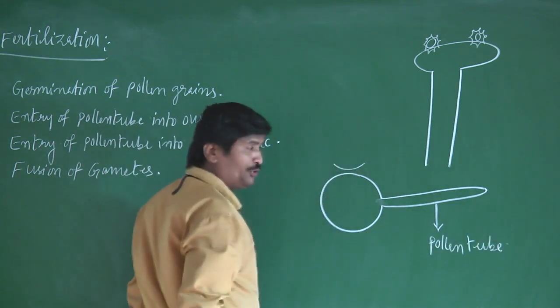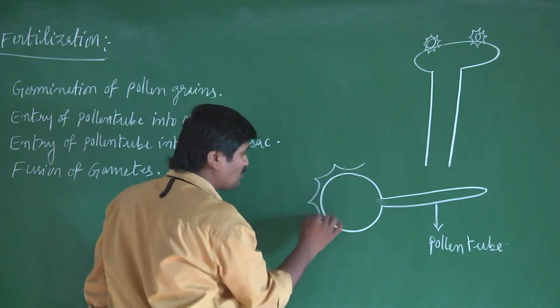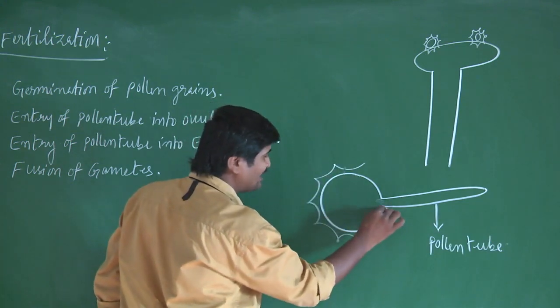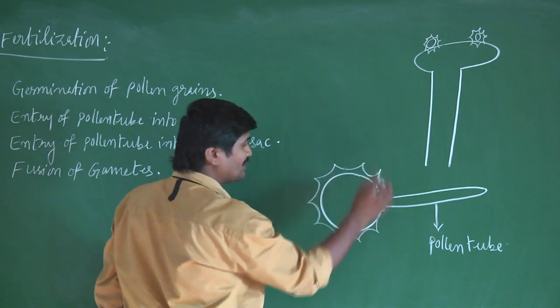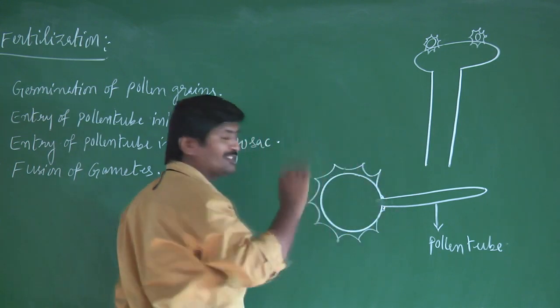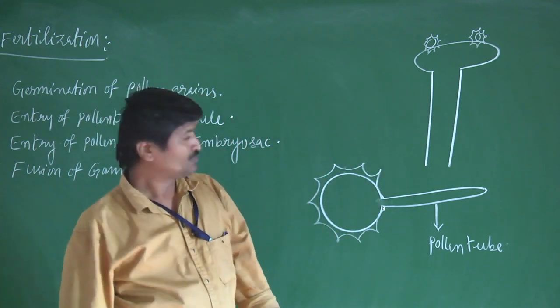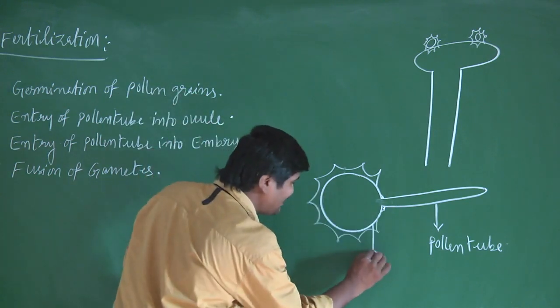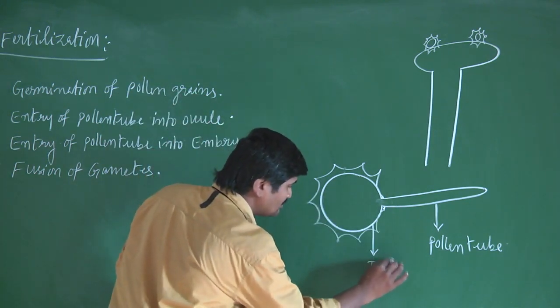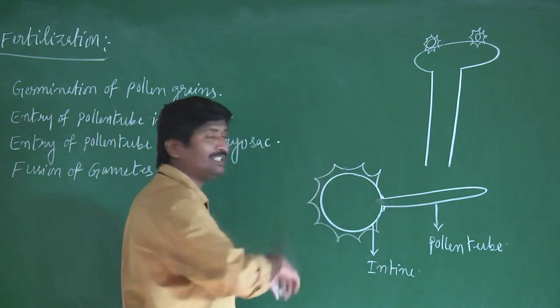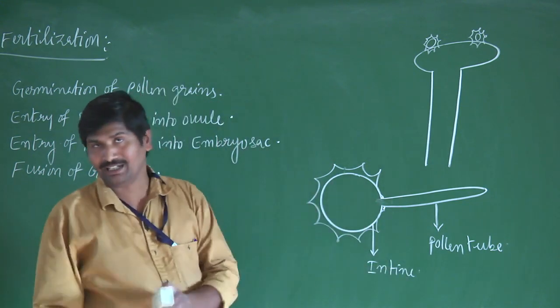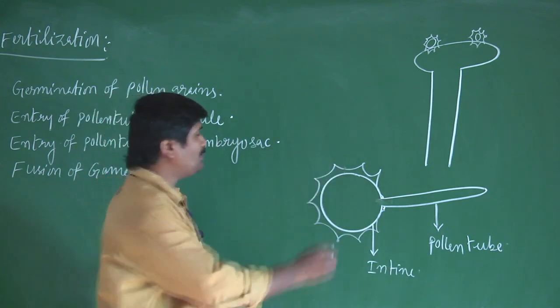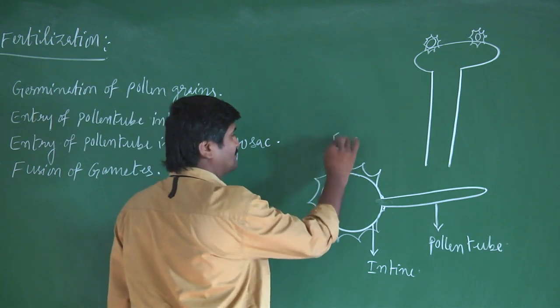This is the pollen tube. This is the outermost layer of the pollen grain, and this is a germ pore. This is known as the intine. You already know about the intine, the inner wall of the pollen grain. The outer wall of the pollen grain is the exine.